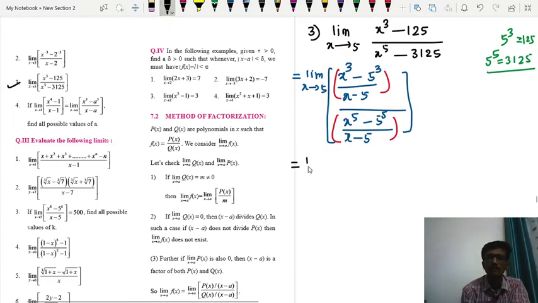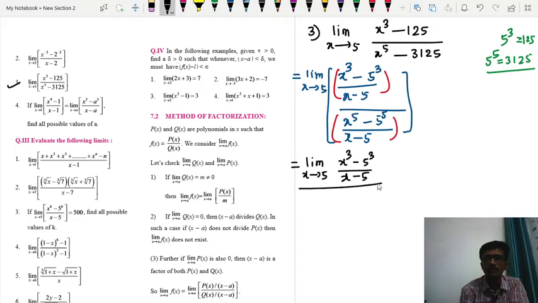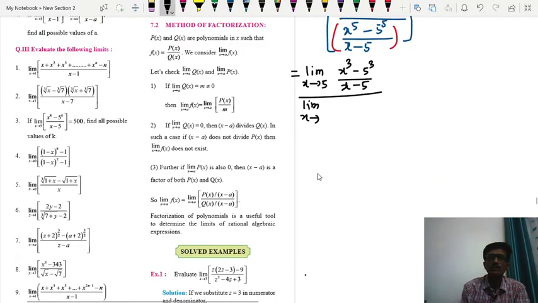Here it will come: limit x tends to 5, x cube minus 5 cube upon x minus 5, upon limit x tends to 5, x to the power 5 minus 5 to the power 5 upon x minus 5.